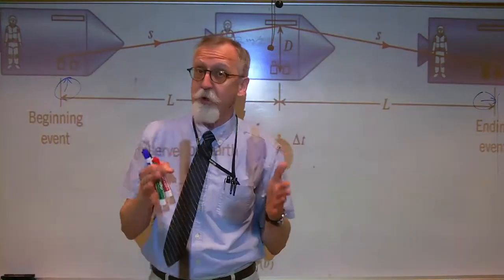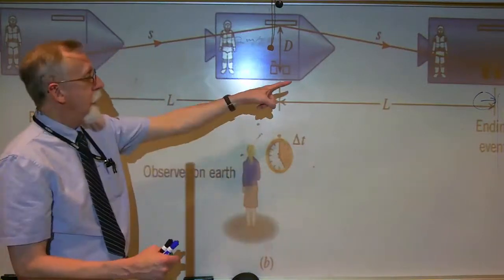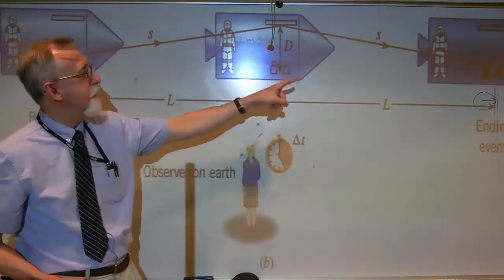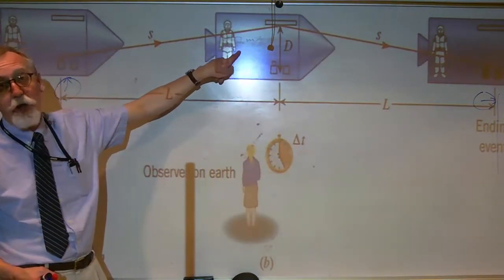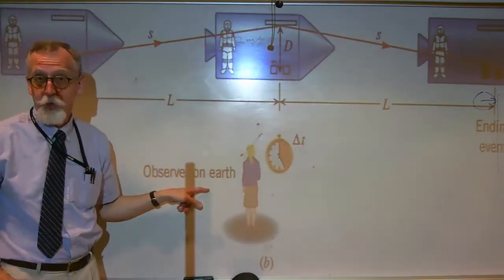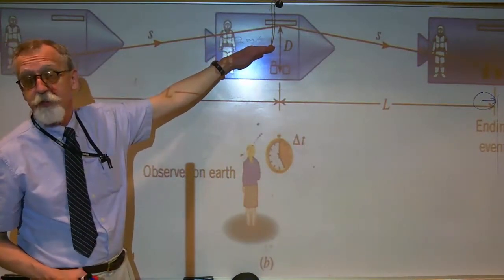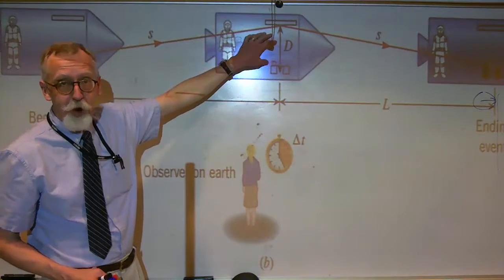Now we have a very, very important asymmetry between these two measurements. The time difference between the two events is measured by a single clock for the astronaut, two clocks for the observer on the Earth. So, remember, if the time interval is measured by a single clock, that's the proper time.